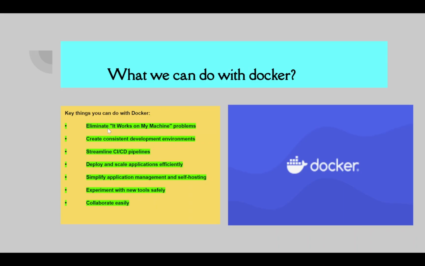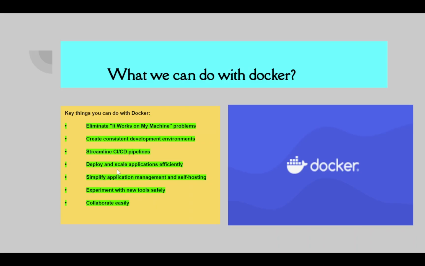So Docker eliminates that kind of discrepancy and creates a consistent development environment. If you are using Docker, you will feel more confident building different environments and streamlining CI/CD pipelines. Integration of CI/CD pipelines with Docker makes your deployments smooth, consistent and confident.